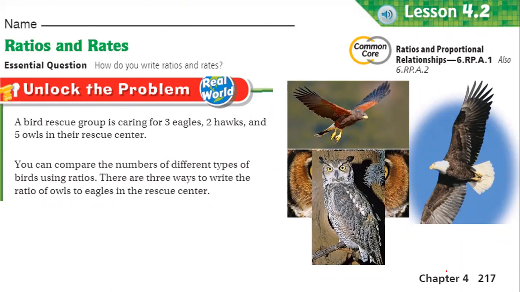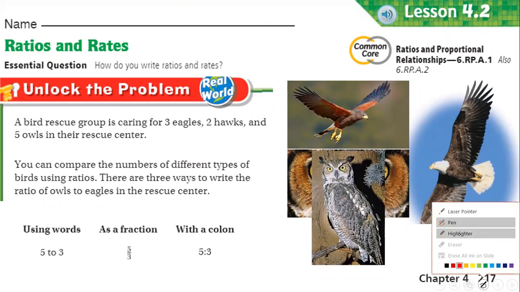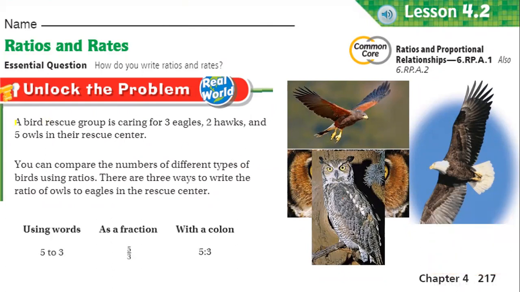Here, in Unlock the Problem, the question says, a rescue group is caring for 3 eagles, 2 hawks, and 5 owls in their rescue center.